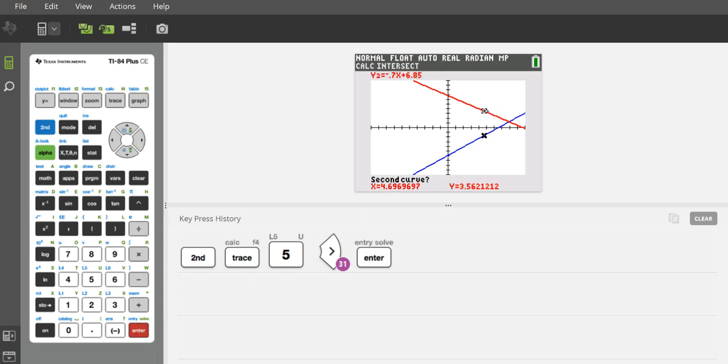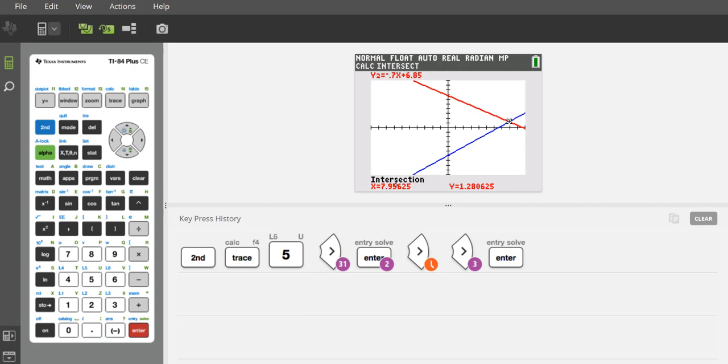Now it's a flashing cursor on the second curve. And I know that seems silly, but if you're graphing more than just two things, you actually have to toggle between them and find the two curves you're talking about. I'm going to hit enter again. And now it tells me to guess. So I'm going to keep arrowing over and hit enter when I get close to that point.